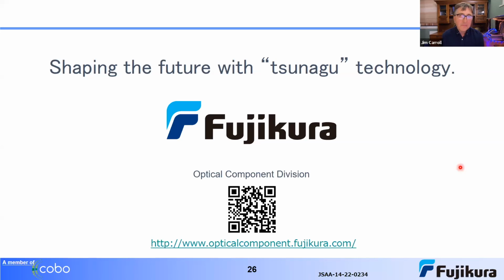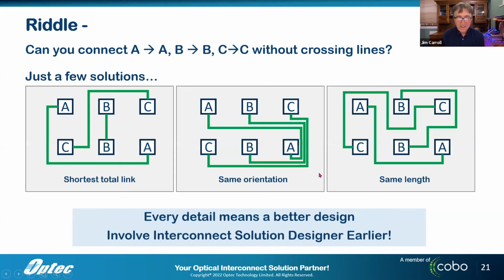Finally, Paul, if you still have your slides available, I'd like to go back to your last slide, which was the solution to the riddle. I like that challenge a lot. What you gave us was the challenge of connecting three points with three endpoints, but really the challenge for these switches is much more complicated than that, right?